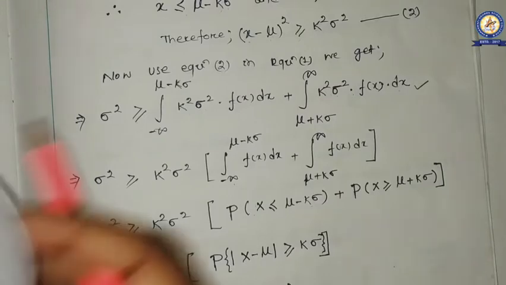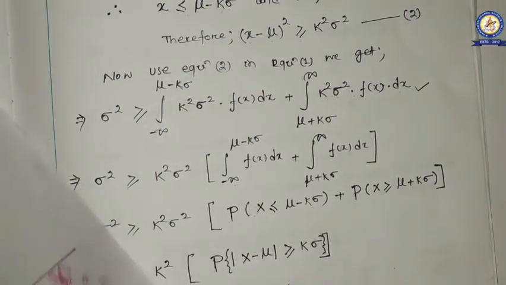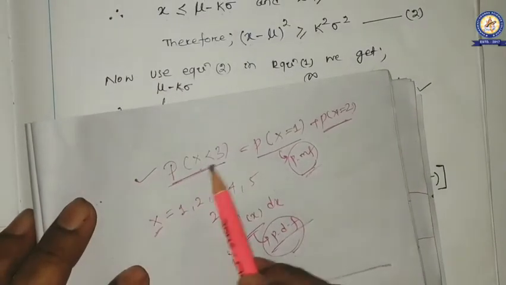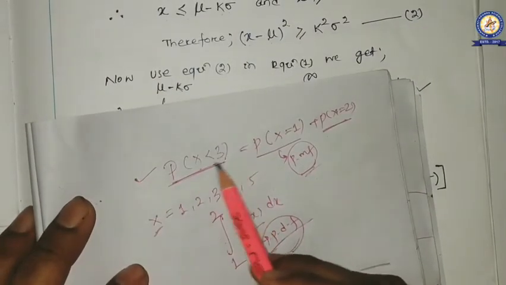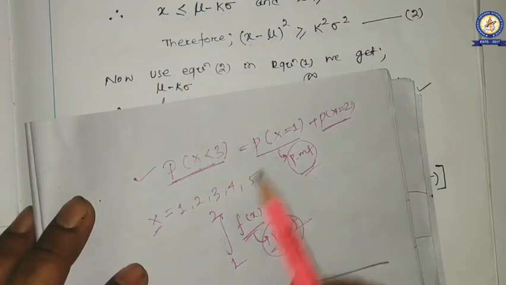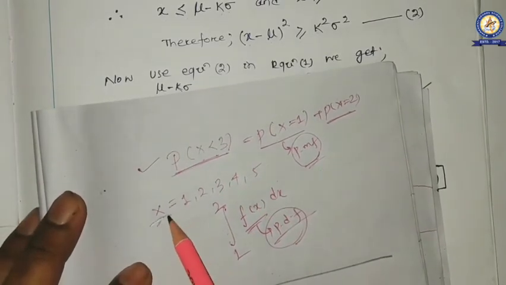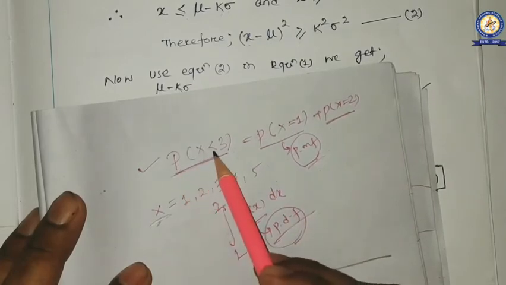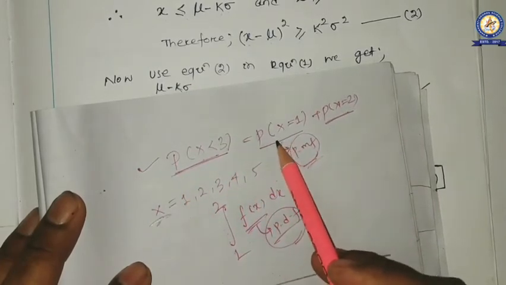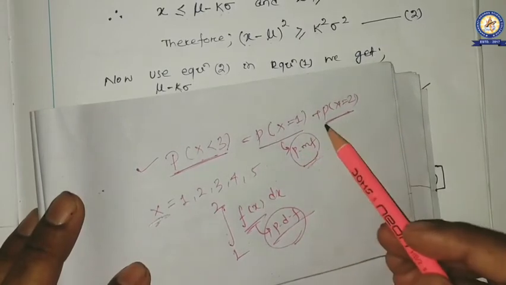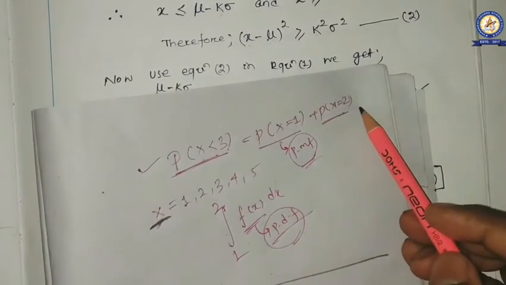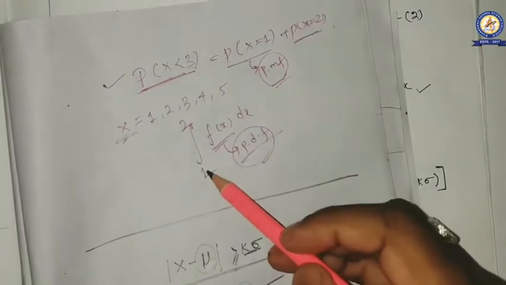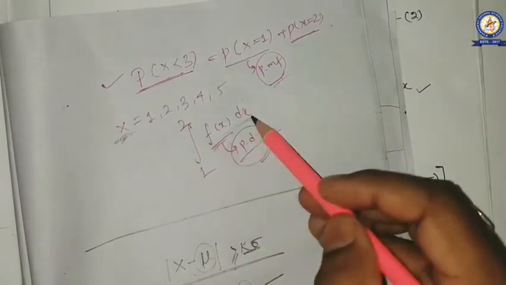As I discussed here, if we want to find the probability of x less than 3, suppose a random variable has the values 1, 2, 3, 4, 5, we consider the probability at x equal to 1 plus the probability from 1 to 2, if continuous, which is the integral from 1 to 2 of f(x) dx.